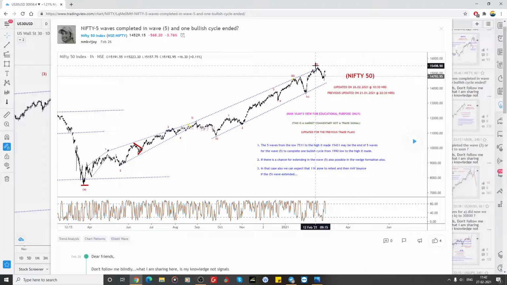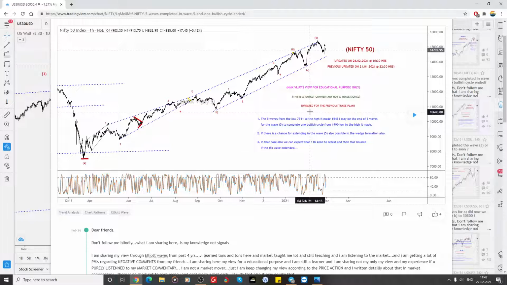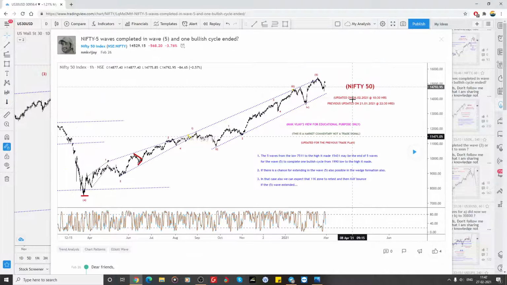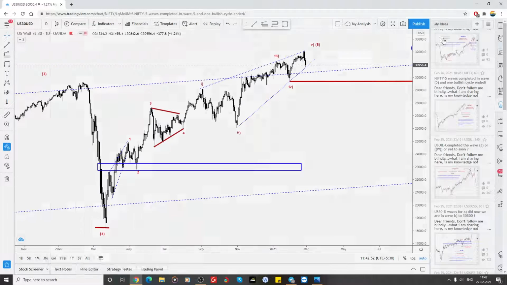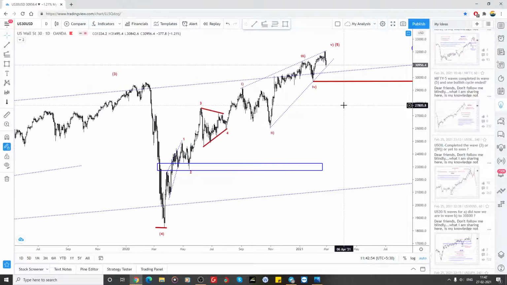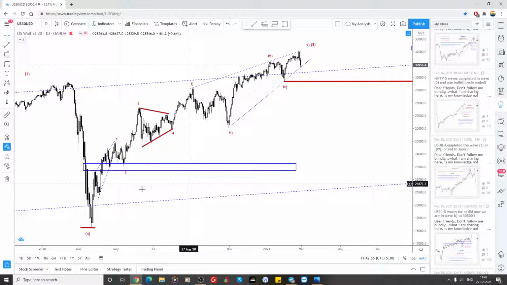If it is the final wave of 5, we need again to the downside from that 1992 to 2021. It's a 30-year cycle. So it's around again to that 15,000, meaning nearly 7,500. But like that I thought, so I just mentioned that this could be 1, 2, 3, 4, 5. So this could be a 1 of a leading diagonal, 2, 3, 4, 5 got ended, and we are getting an aggressive move.